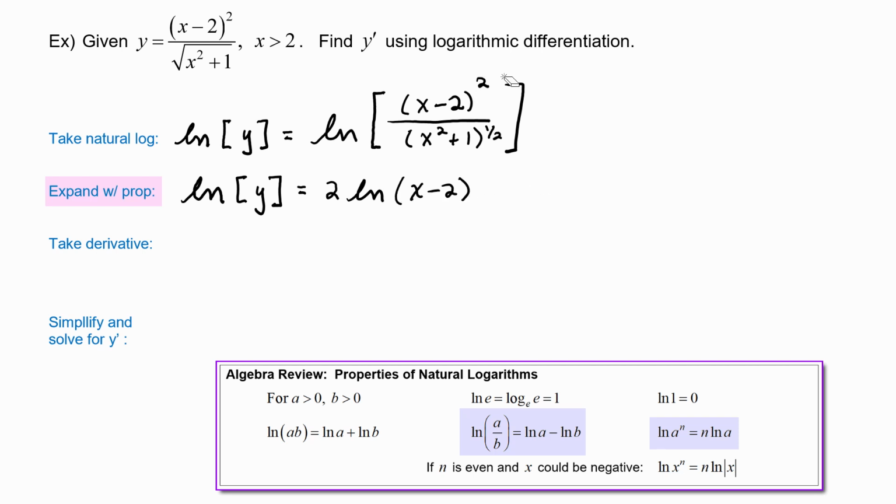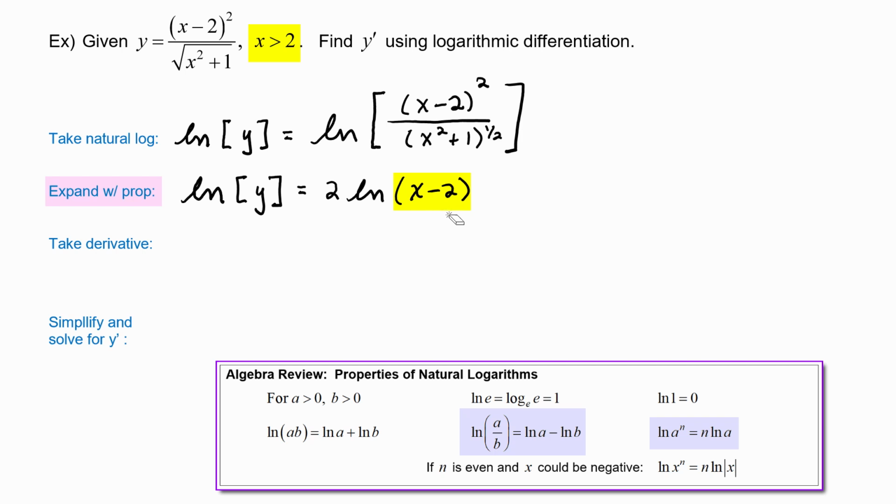And even though this was an even exponent, we didn't have to put absolute value symbols here, because since x is greater than 2, we know that x minus 2 will be greater than 0.